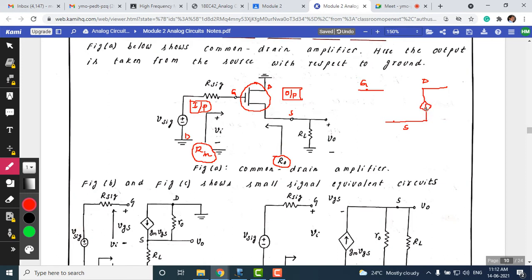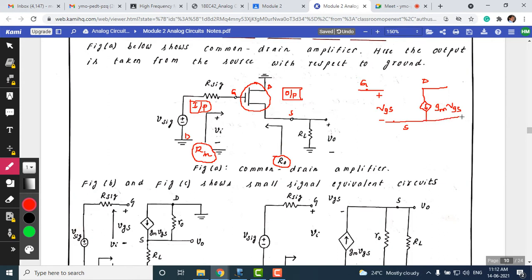This is a current source. The magnitude of current flowing here is Gm times VGS, where VGS is here. So this is the equivalent circuit of the MOSFET without channel length modulation effects.